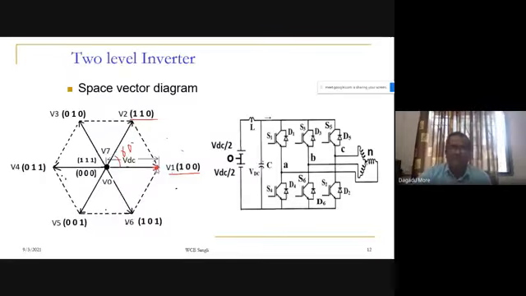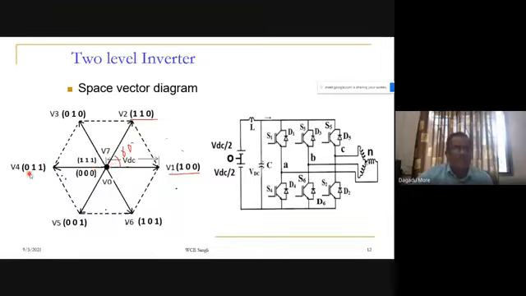You compute this. Similarly, you go for 010. 0 means S4, 1 means S3, again 0 means S2. S2, S3, S4 are on. Then we get a space vector with magnitude VDC and angle 120 degrees.